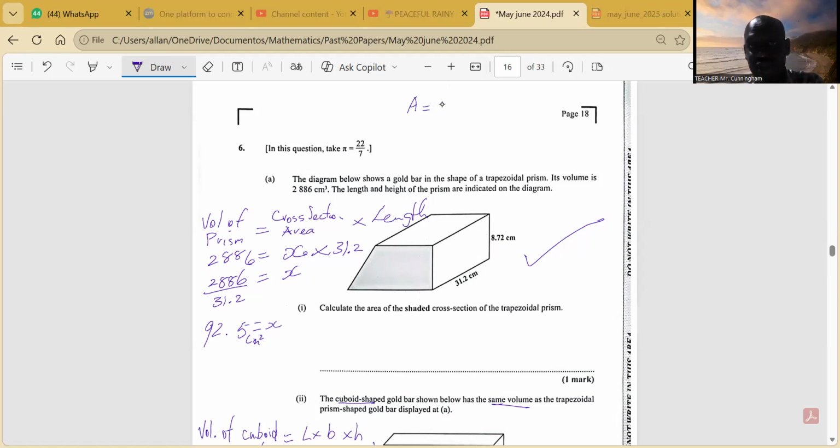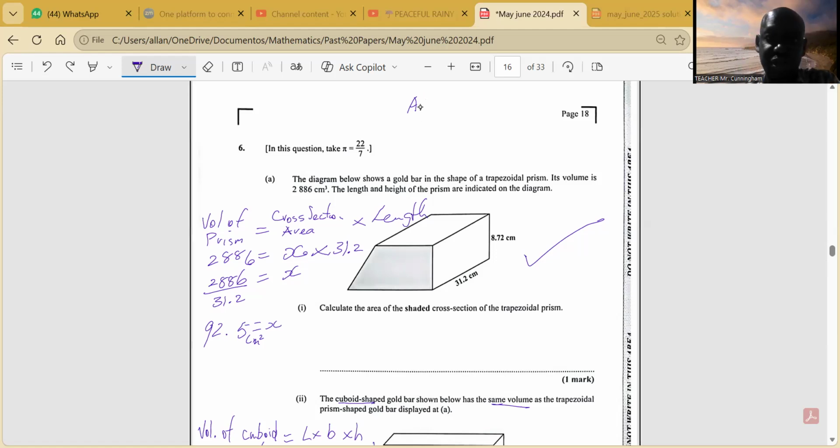The area of a trapezium is equal to a half (A plus B) times H. Now they give us H. This is H here, the height. Everybody see that?